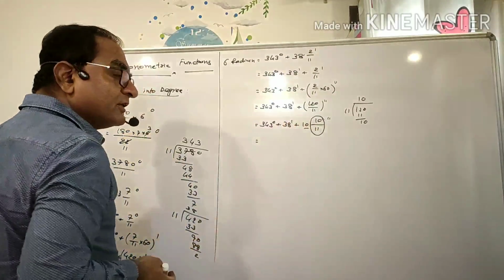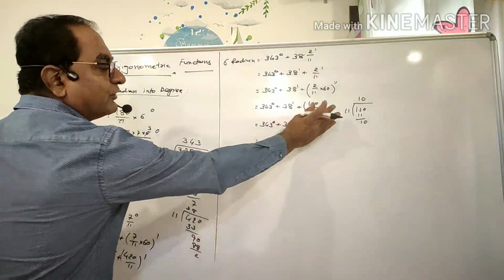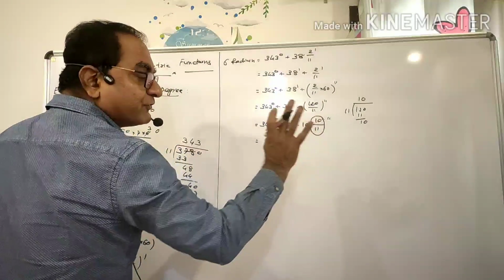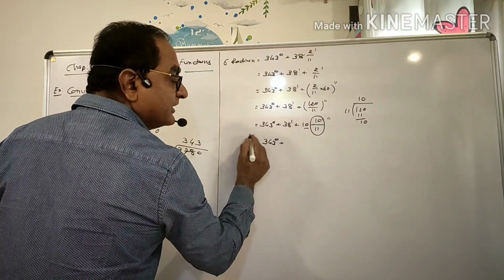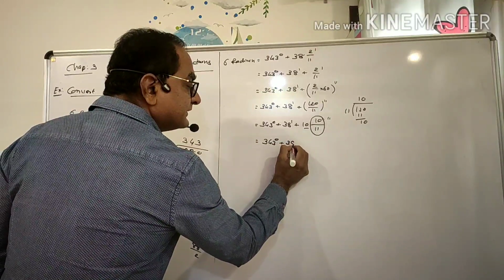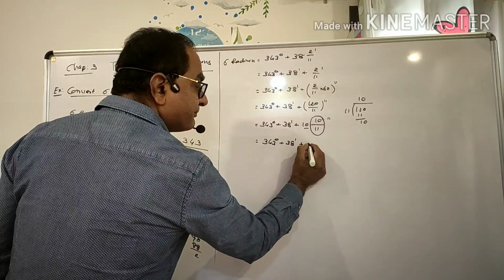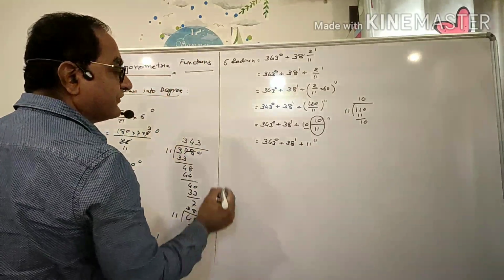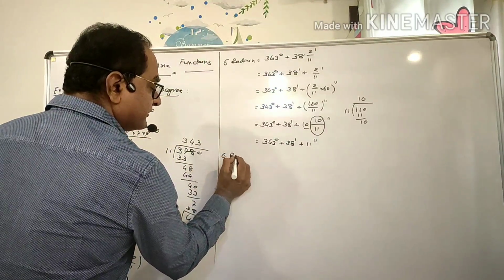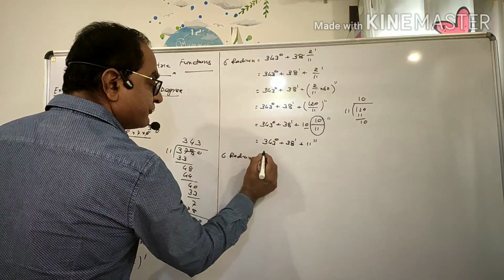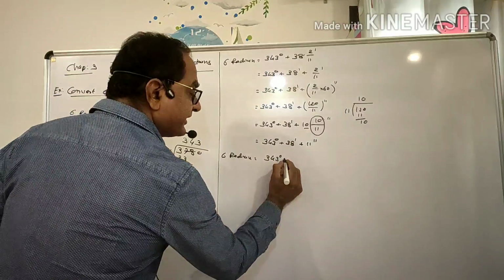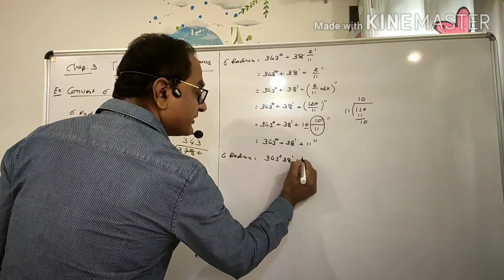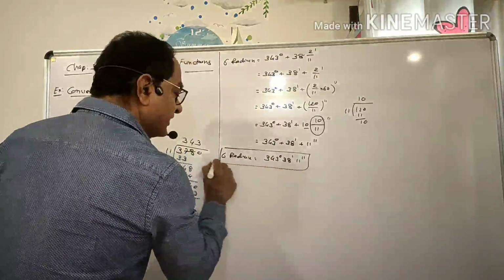If it is less than 0.5, then we do not do anything, we just ignore it. So here, finally we can write 343 degrees, 38 minutes plus 11 seconds. So 6 radians is equal to, written in a proper way, 343 degrees, 38 minutes, 11 seconds. This is your answer.